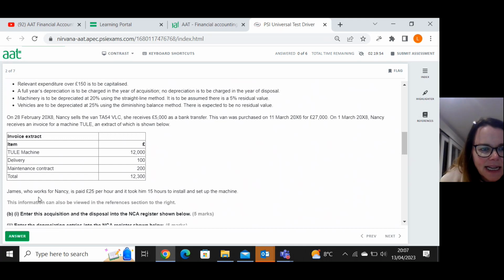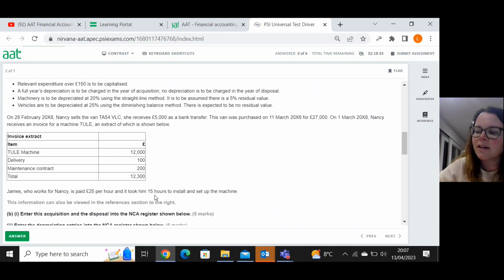But don't forget, it says James is paid 25 an hour and it took him 15 hours to install and set up the machine. Right, so I'm just getting my calculator. So £25 an hour times 15 hours is £375.